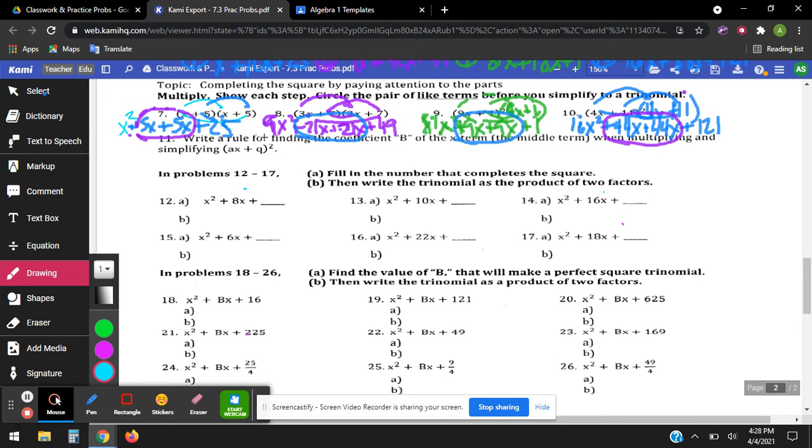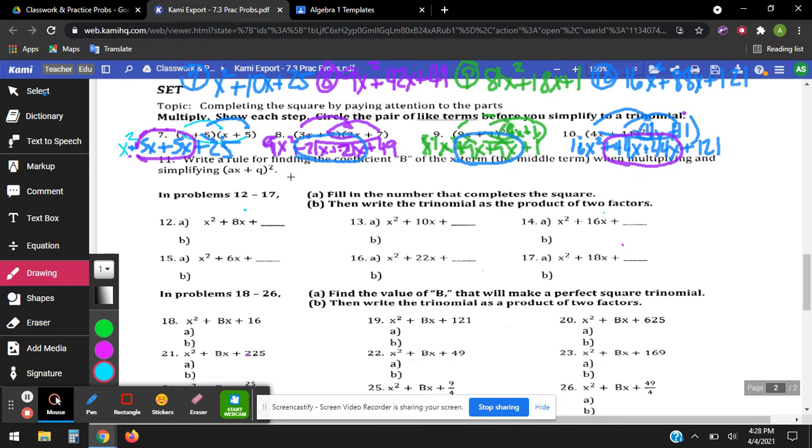Write a rule for finding the coefficient b of the x term, the middle term, when multiplying and simplifying this little piece over here. So finding that rule to find b. So how did I get this number? Well, we know it's 2 of this, so that's 7, but we also had to multiply it times this 3.